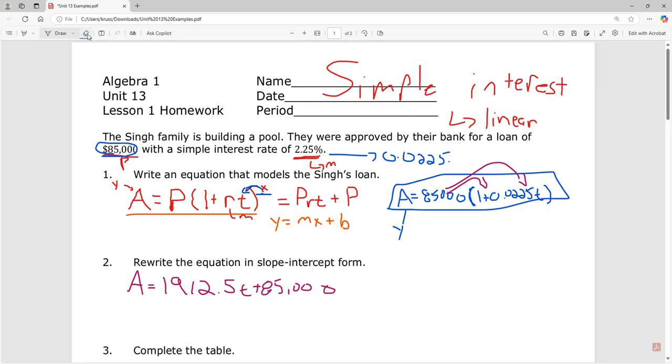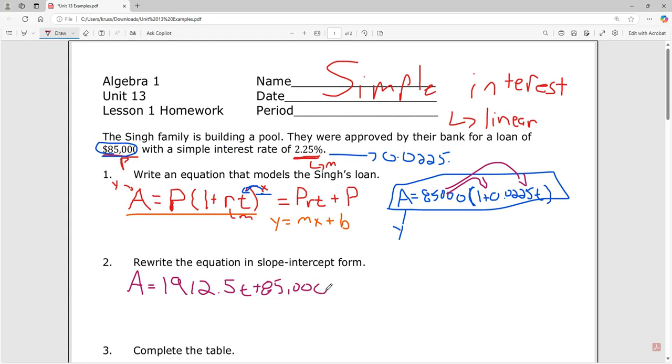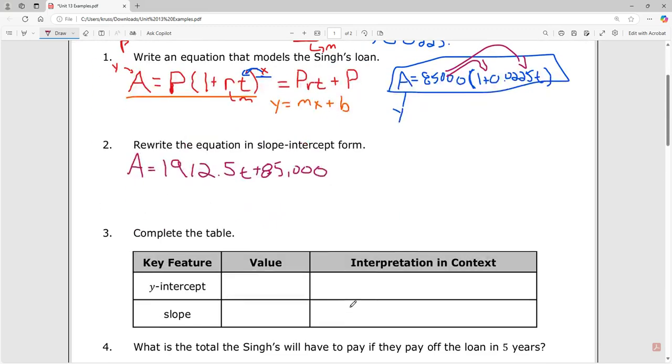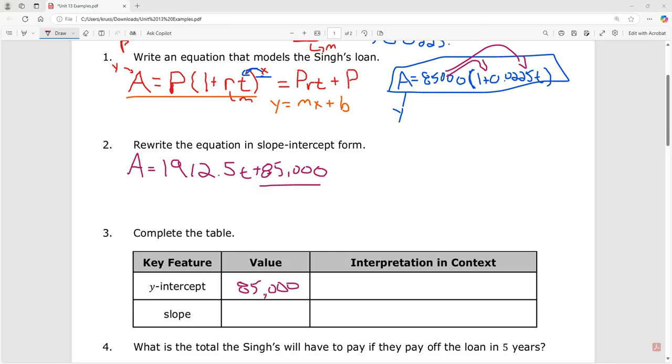All right, so that is my mx plus b form. Okay, let me write a little bit neater. Hard to write with a mouse. Okay, so that's that. All right, now I'm going to complete the table. Well, the y-intercept, we already said, was 85,000. And it's when the loan begins, this is how much we borrowed.